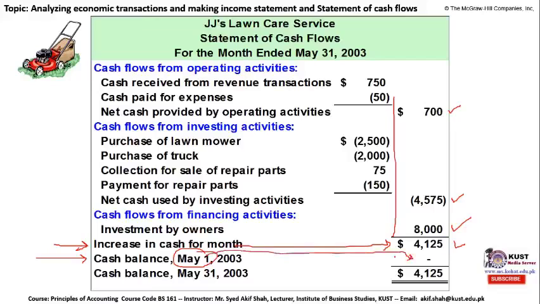Since we have nothing in our initial cash, nothing has been mentioned against the cash balance at the start of the month, May 1st. Once again, you put a single line and then mention your final balance, which is the cash balance at the end of the month, May 31st. So the final balance for May 31st is $4,125.